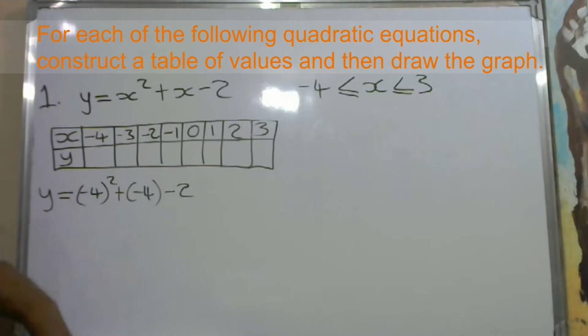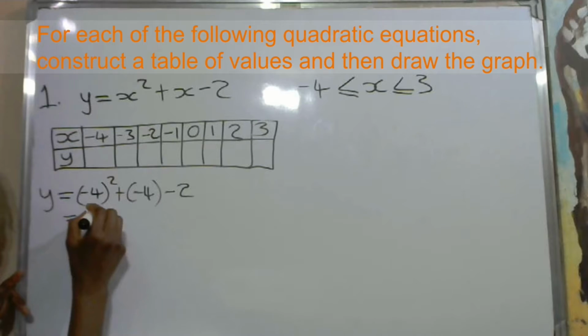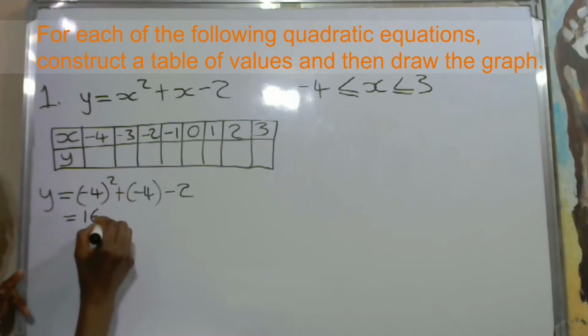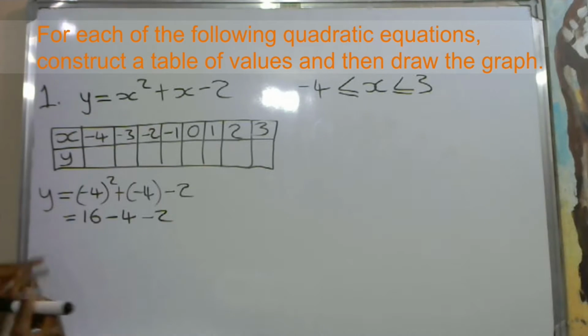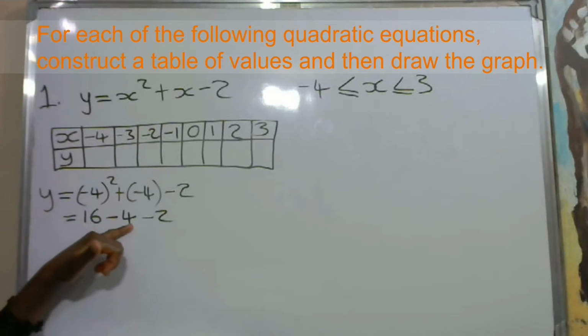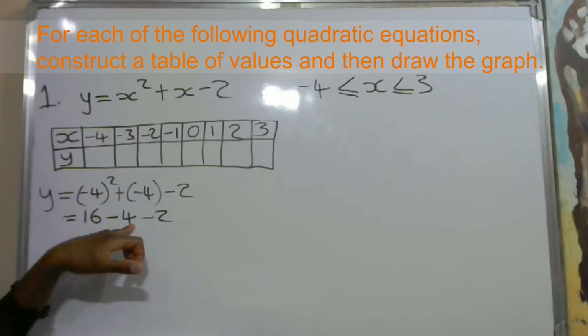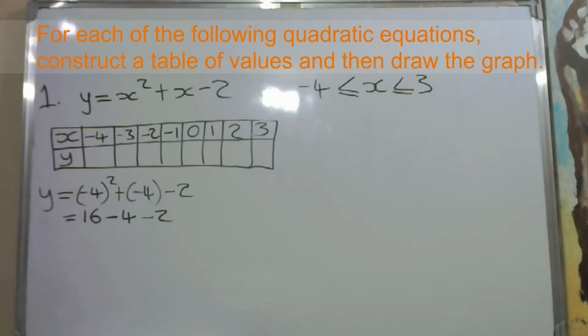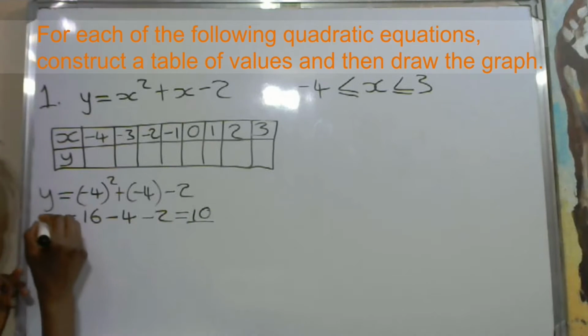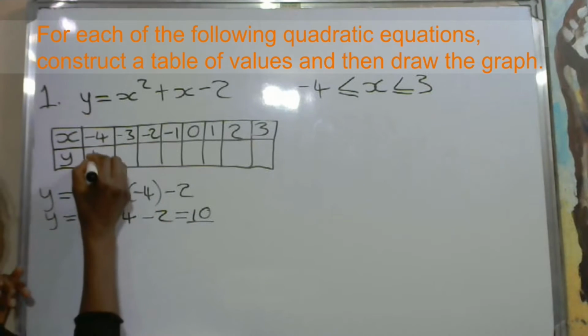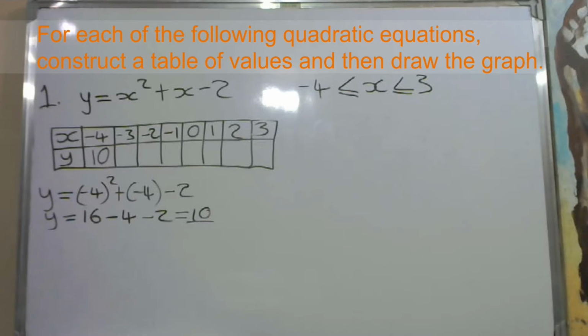So we know this will give us a +16, plus a negative there, you will remain with -4 minus 2. So what is 16 minus 4? It's 12. 12 minus 2, your answer will be equal to 10. So our y there will be equal to 10. So you put the value 10 there.